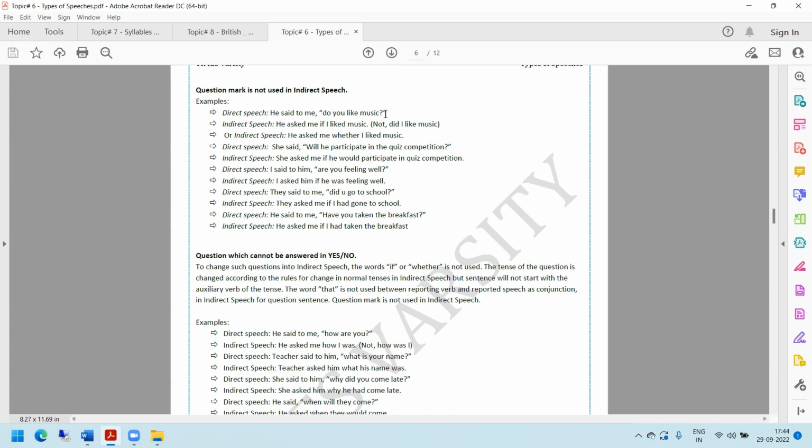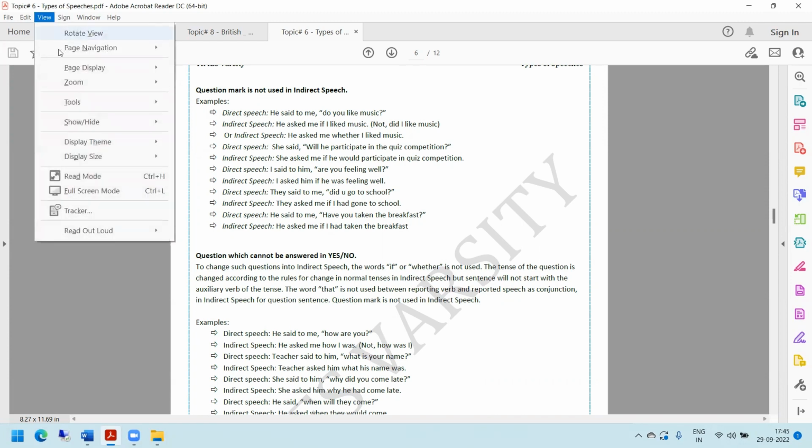If you would like to make indirect speech of this sentence, then: he asked me if I liked music. Not, did I like music. So here in direct speech, we can see the question is there. But when we are converting into indirect speech, it's not a question.